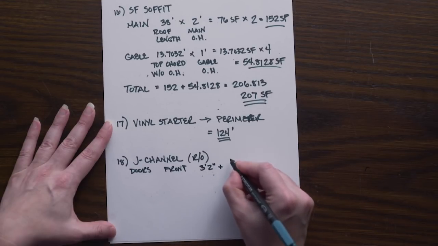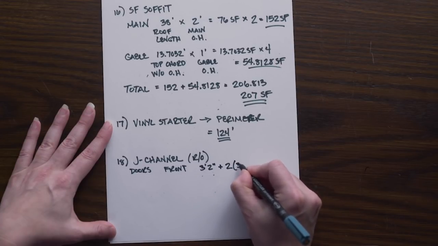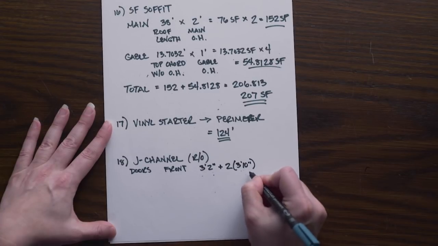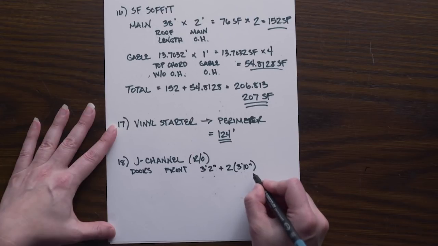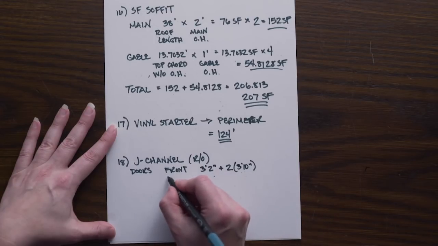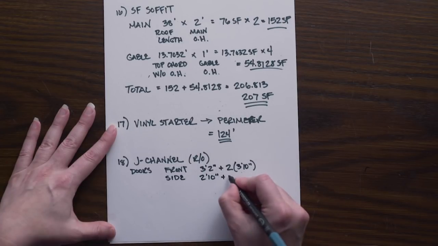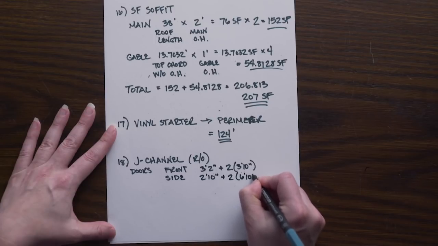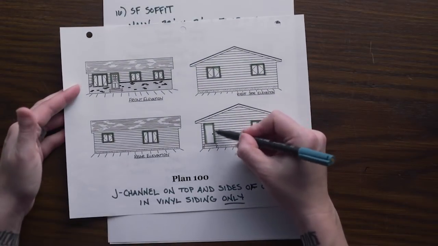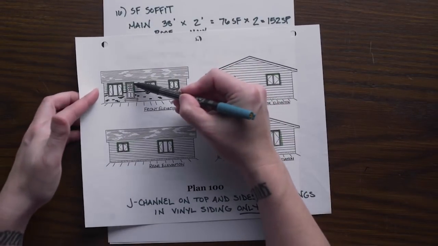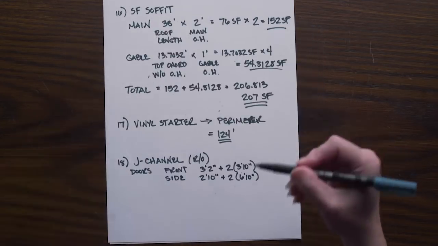And again, we want to make sure that we do two sides, and this is going to be the 3'10", that is the C windows, not the 6'10", that is the full front door, because the bottom portion is in brick. But for our side door, the 2'10", we do use the 6'10", because the full height of our side door is in the vinyl. So it's only the 3'10" for the front door, but it is the full 6'10" for the side door.